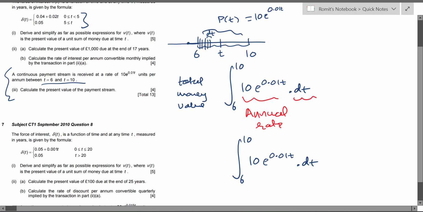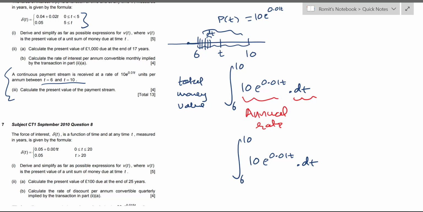Then for all t going from 6 to 10, I will just add over it. That is what integration is: addition over a continuous time period. So this will give me the total payment.